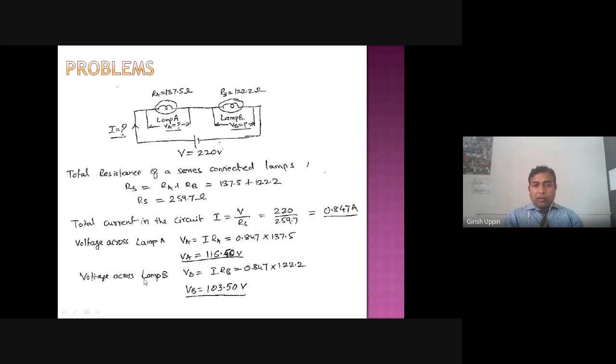Then the voltage across lamp B, Vb is equal to I into Rb, which gives 103.5. So either you can use this formula, or you can say V is equal to Va plus Vb. Since Va is already calculated, Vb is equal to V minus Va.